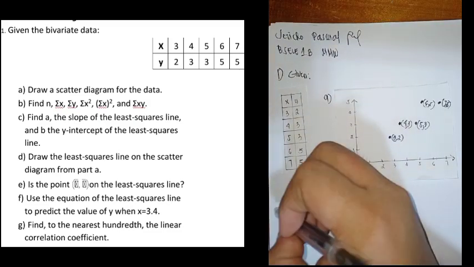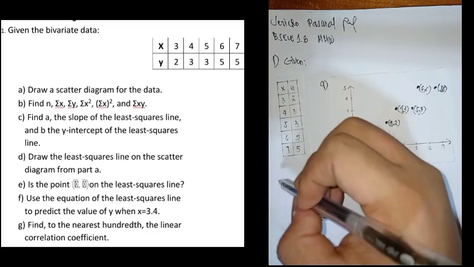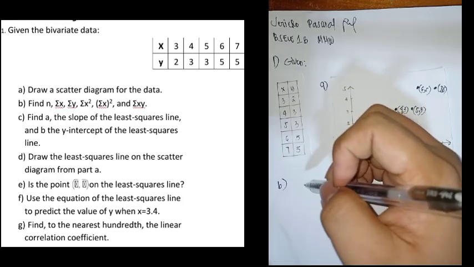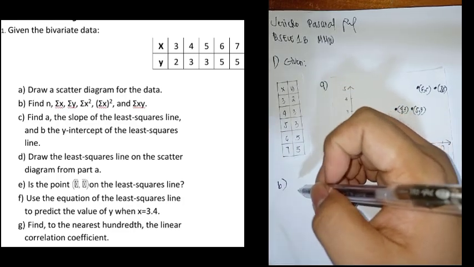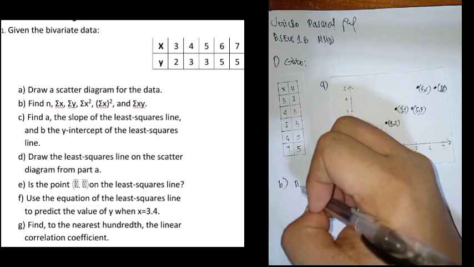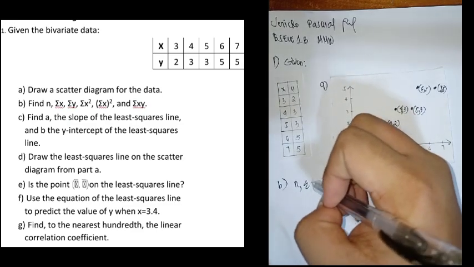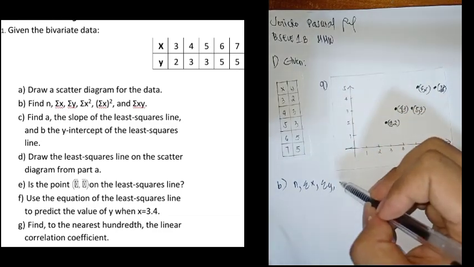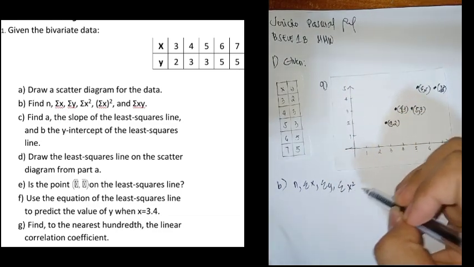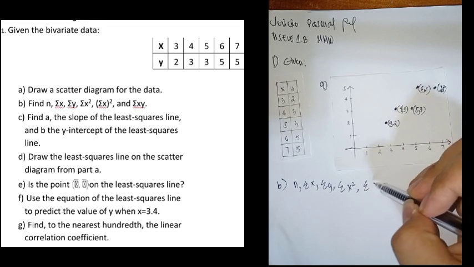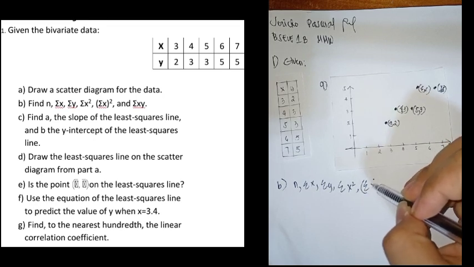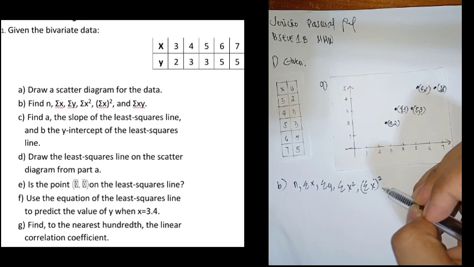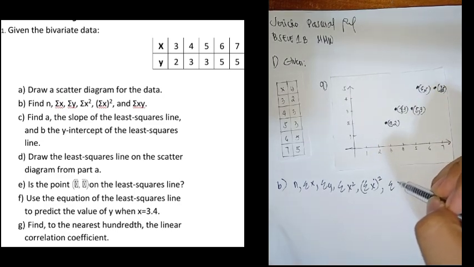So letter B: find the value of n, summation of x, summation of y, summation of x squared, summation of x, then squared, and summation of x and y.